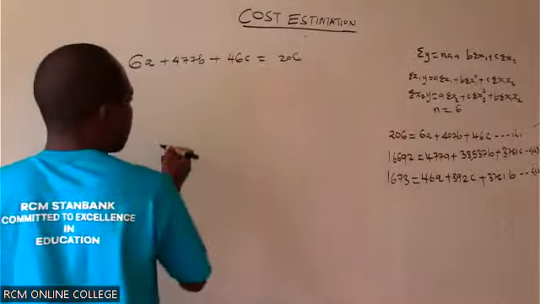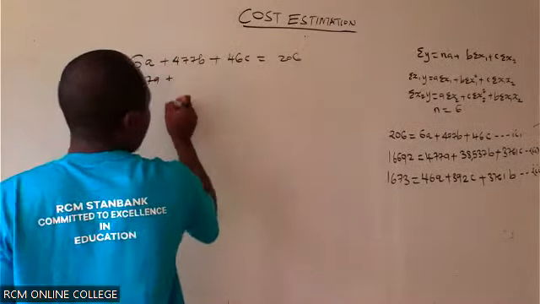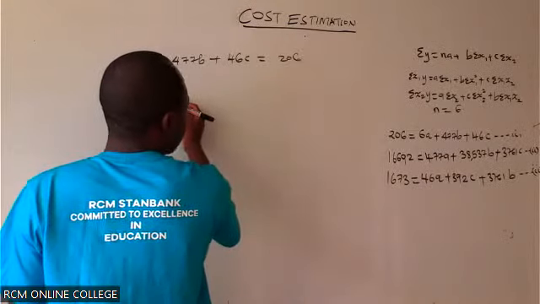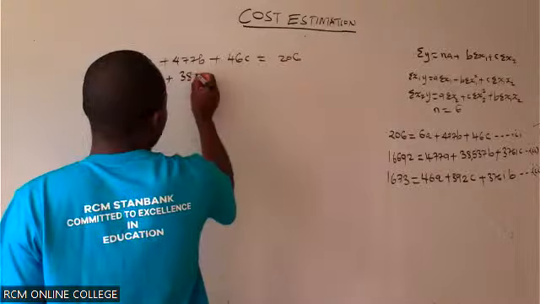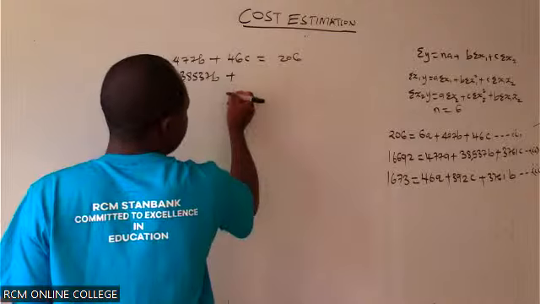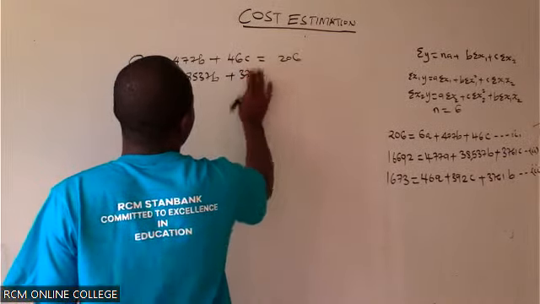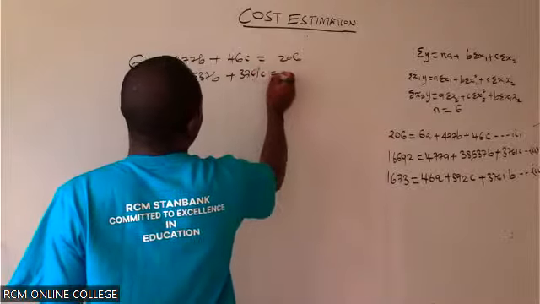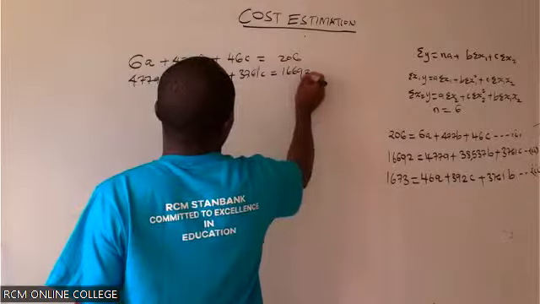Then I have 477A plus 38,537B plus 3761C is equal to 16,692.